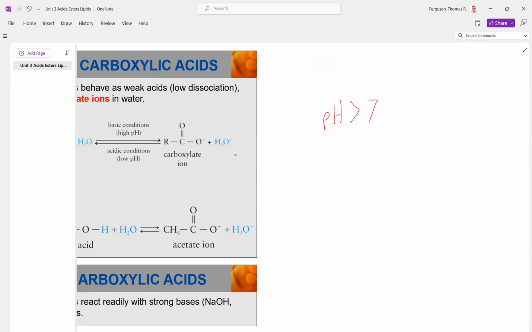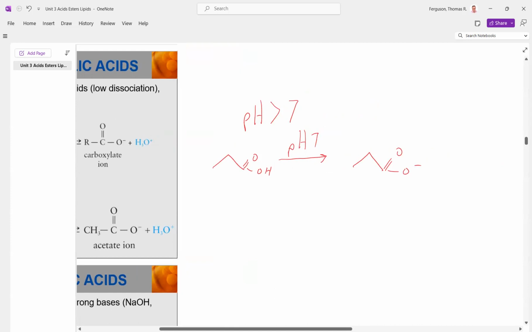What happens in an alkaline environment, say we have propionic acid, is it becomes ionized. And we talked about this when we were talking about phenol. Phenol is a weak acid.